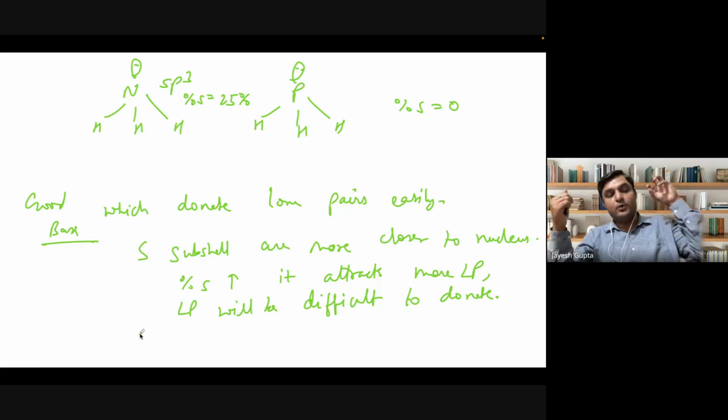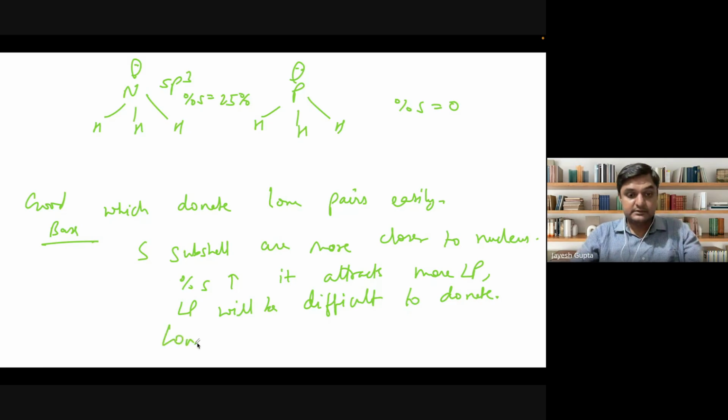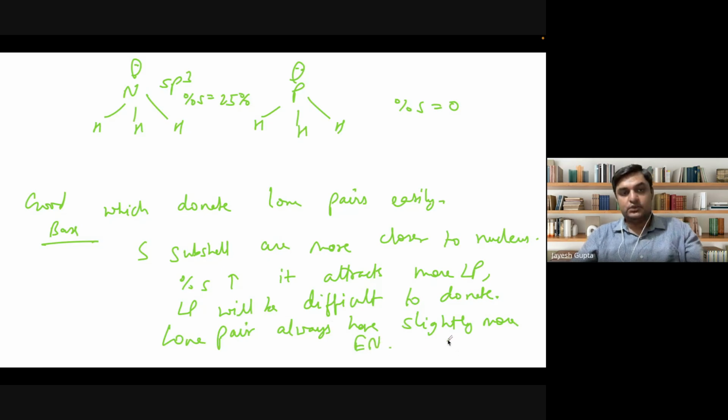So lone pair will be more attracted towards sp2 due to more electronegativity. So once lone pair goes to that sp2 position, it will have more electronegativity. So this also you have to remember. Lone pair always has slightly more electronegativity.